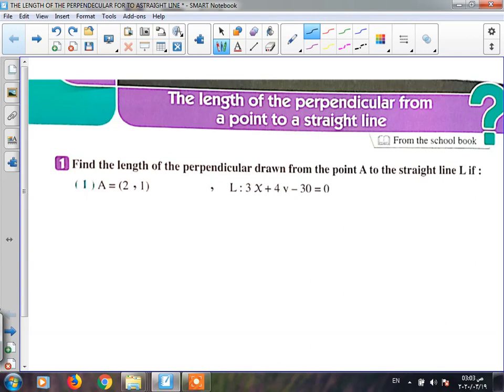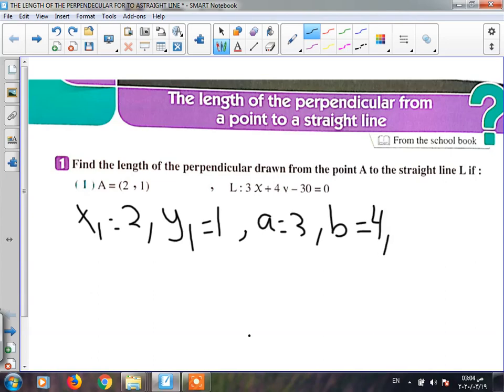Find the length of the perpendicular from the point A to the straight line L. Let me prepare our items. x1 will be 2 and y1 will be 1, and A will be 3, B will be 4, and C will be negative 30.